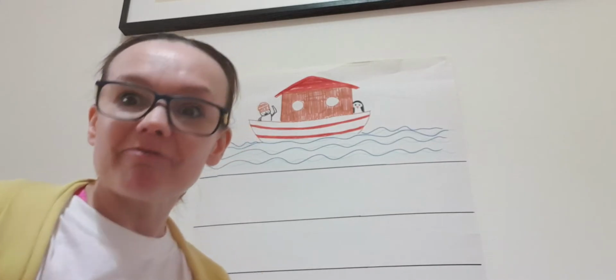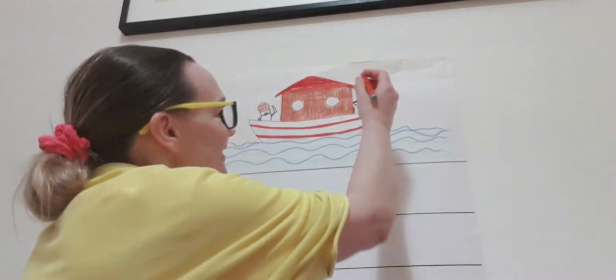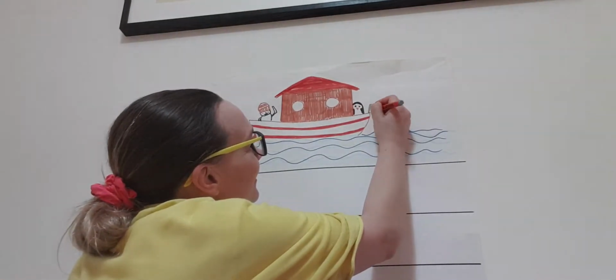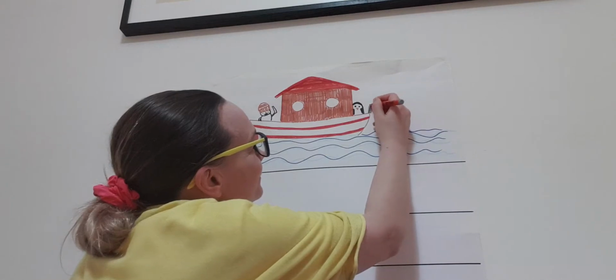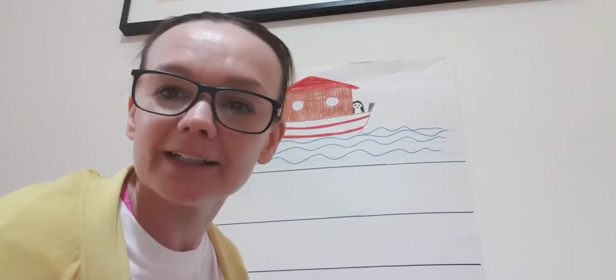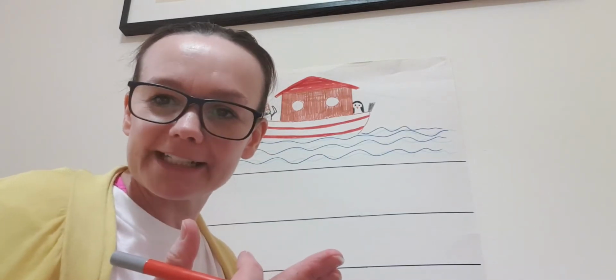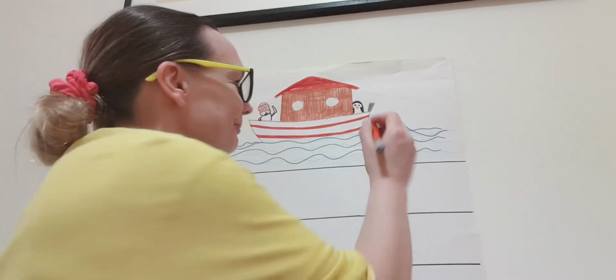So I thought it'd be really good if we added something here. So I'm going to just quickly draw something on the end. I'm going to add something called a propeller. Can you say that? Propeller. Do you know what a propeller is? Have a think.